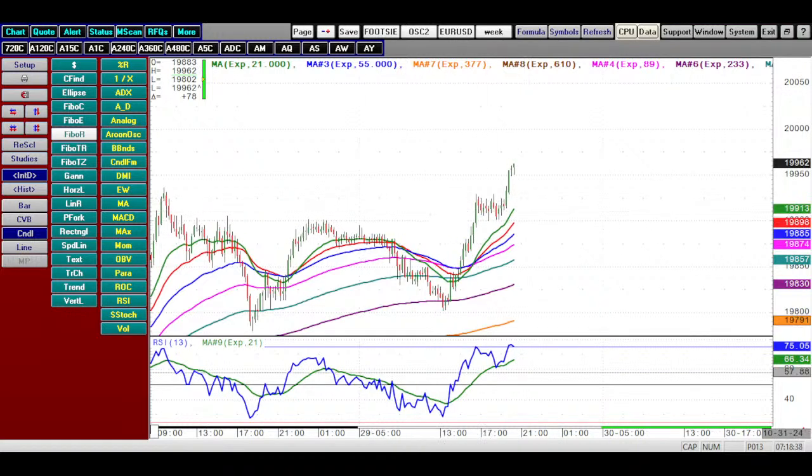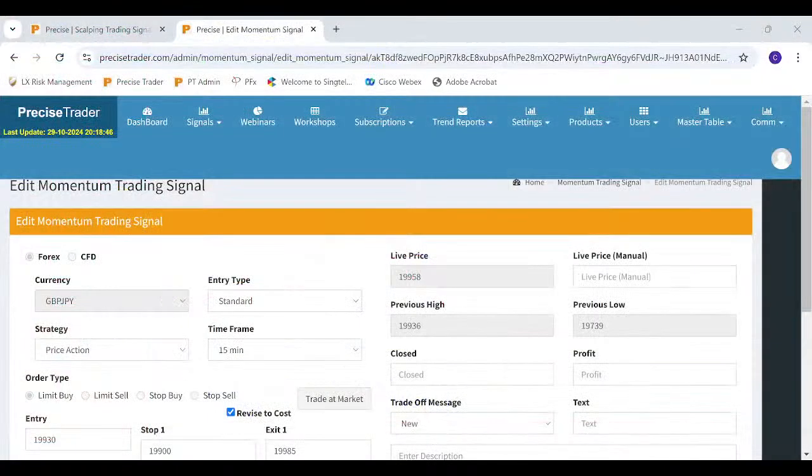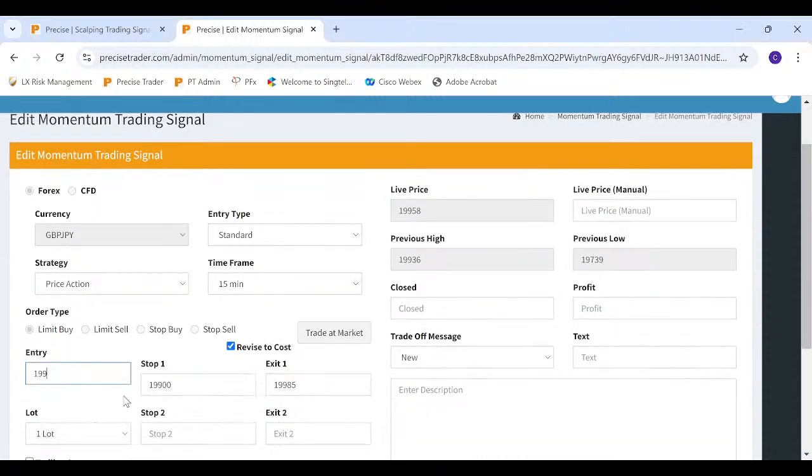So this one again we try to change it. We want to buy at 50 and 25 pips stop.